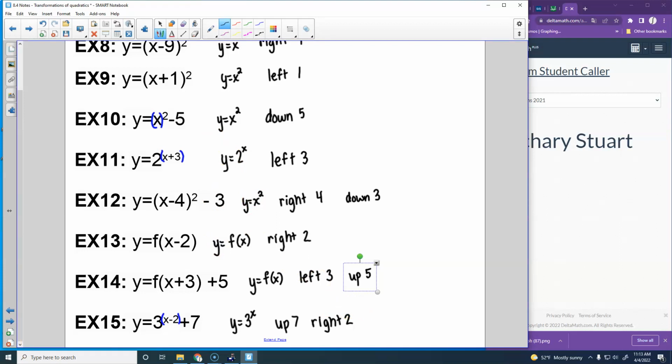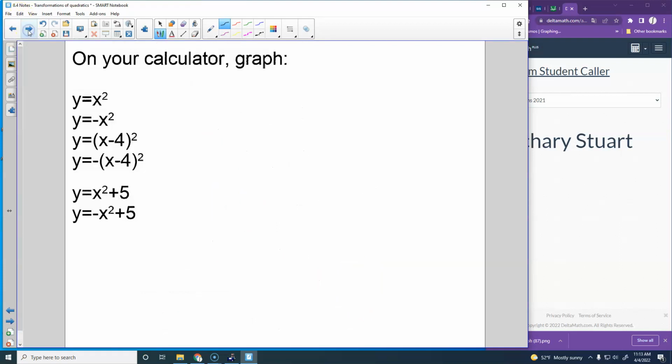Okay? All right. We got one more thing that we need to look at. I want you to graph all 6 of these on Desmos. Yeah, graph it on the same one.